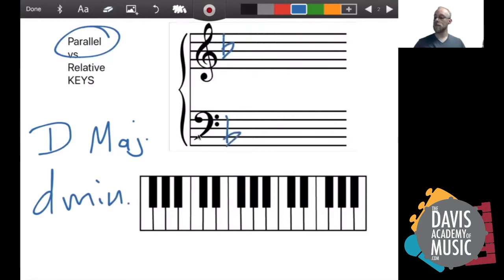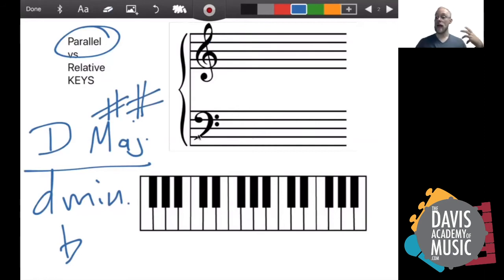The key signature for D minor is one flat, and the key signature for D major is two sharps. So even though they have different key signatures, they're going to have the same first letter name.